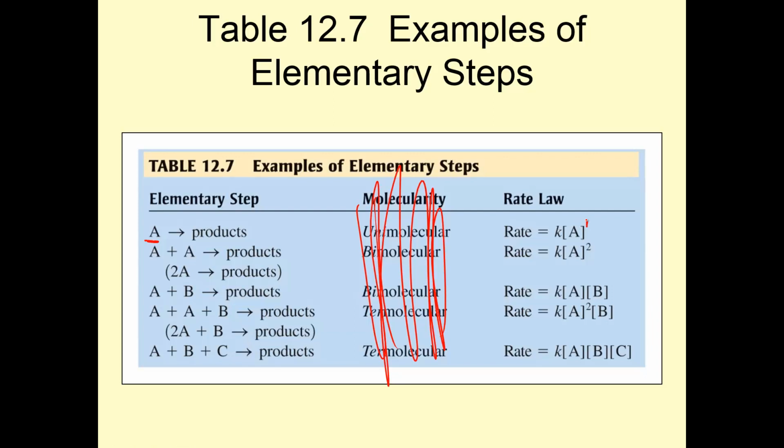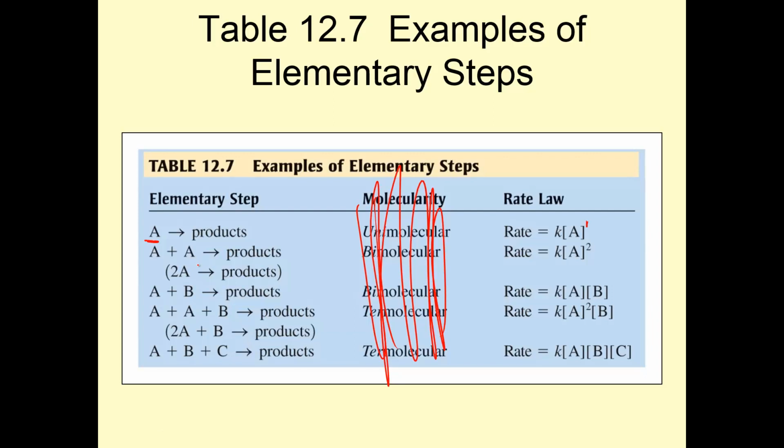Okay? That means rate is only impacted by A. Does that make sense? If I have A plus A yields products, that means both of these things have to hit and collide, which is why it's squared. You would think it would be doubled. You'd think it would be 2 times as much. It's not. It's squared. Okay?